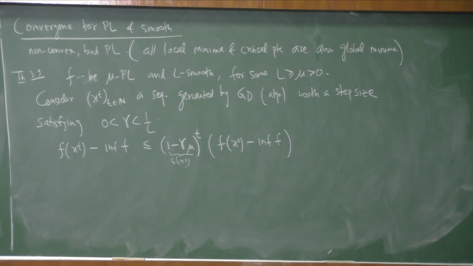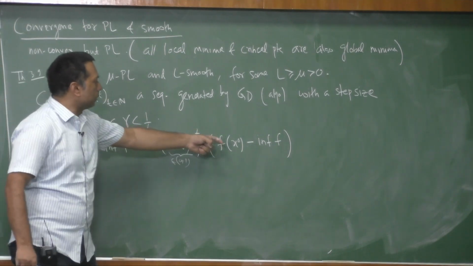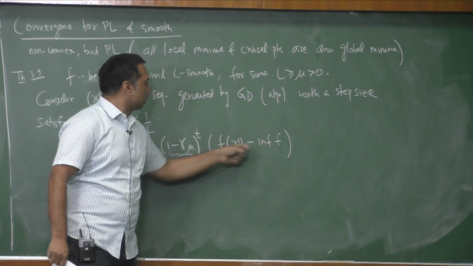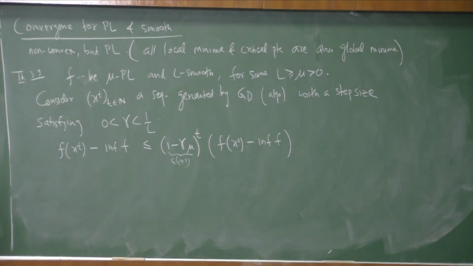If I raise it to the power t and t tends to infinity, it goes to 0. And f(x_0) and the infimum of f are constants, because once I fix an initial guess and the minimum of a function is fixed, they will not change with t. So this is the guarantee that we want to prove for the PL case.